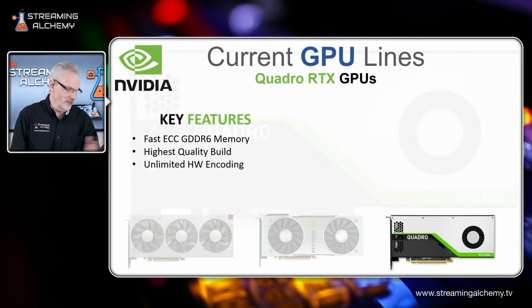And the other thing about them is they have unlimited hardware encoding. Now, the GTX line or the RTX line that we talked about with the GeForce has unlimited decodes using NVDEC, but you're limited to two encodes with the NVENC. Now, I know there are software ways to get around this, but it's whatever you're comfortable with.